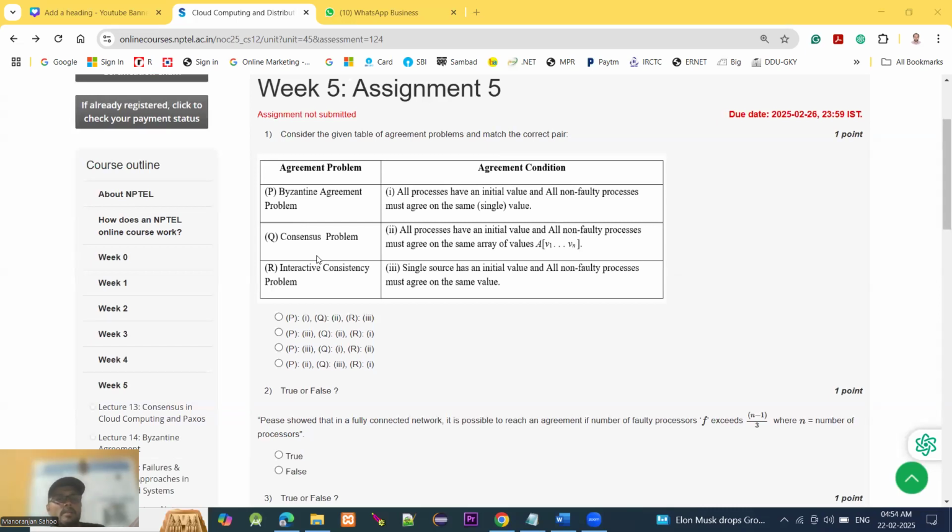Next is Q, the consensus problem, which is associated with Q to I. All the processes have an initial value and all non-faulty processes must agree on the same single value. And the last one is the interactive consistency problem, where all the processes have an initial value and all non-faulty processes must agree on the same array of values. So here you can choose option C.